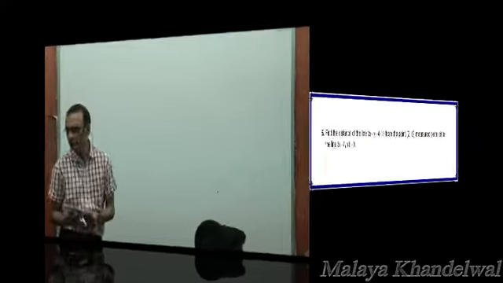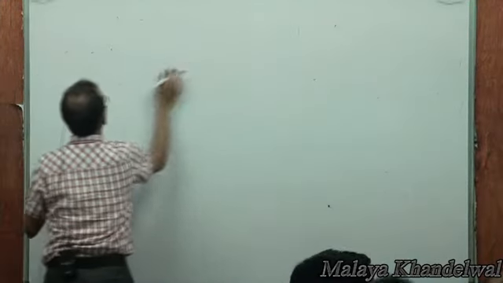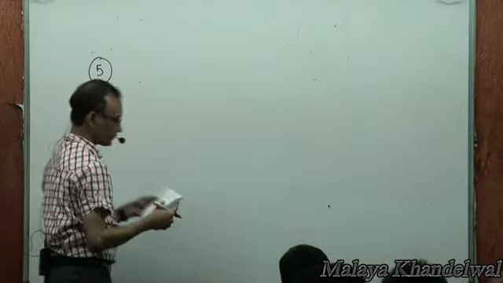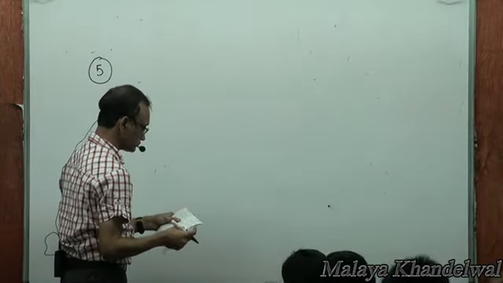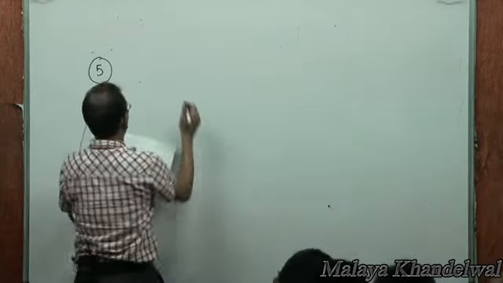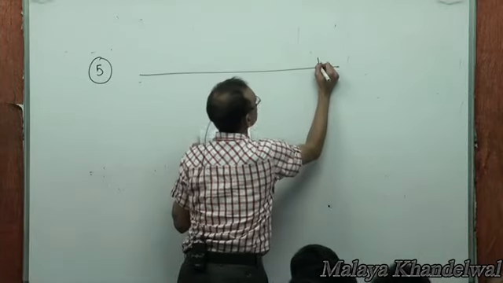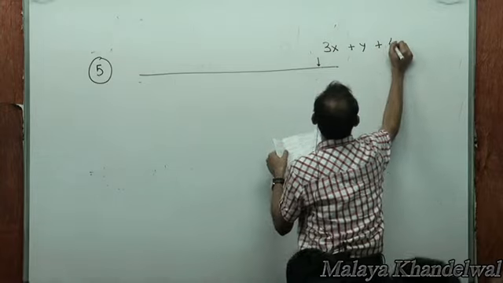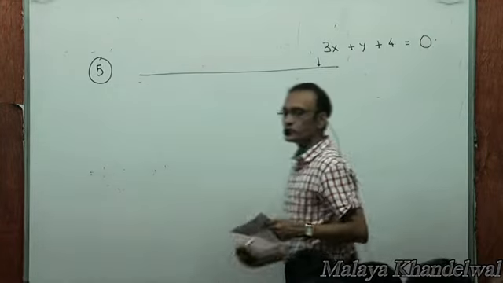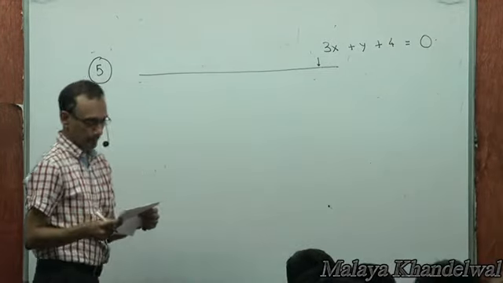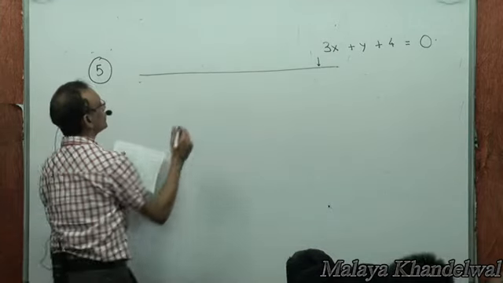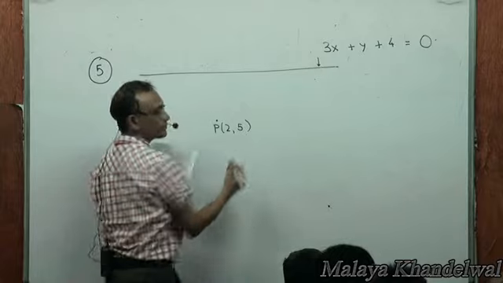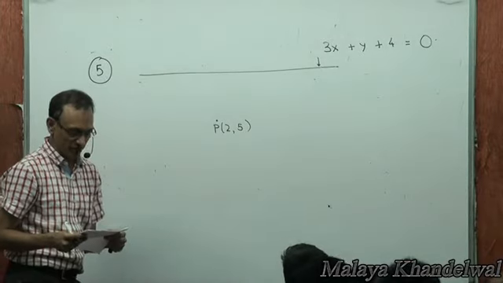Let's look at problem number 5. Now there is a line, say 3x plus y plus 4 equal to 0. There is a point P, 2 comma 5.